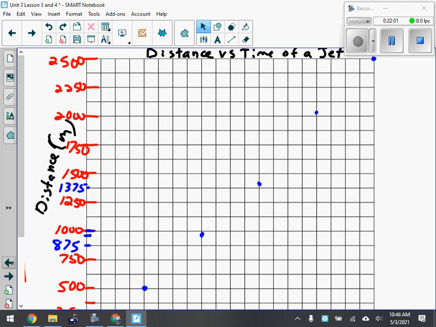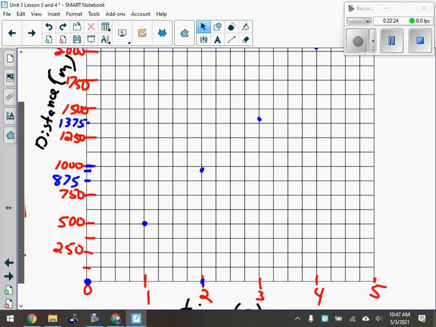Okay, so here I've graphed my graph, and now what I need to do is get a ruler, or something that's straight, and I need to find what we call the line of best fit. What line is going to go through as many points as I can get it to go through, yet still represent the data that I have here. Well, look, here's what I'm going to do.